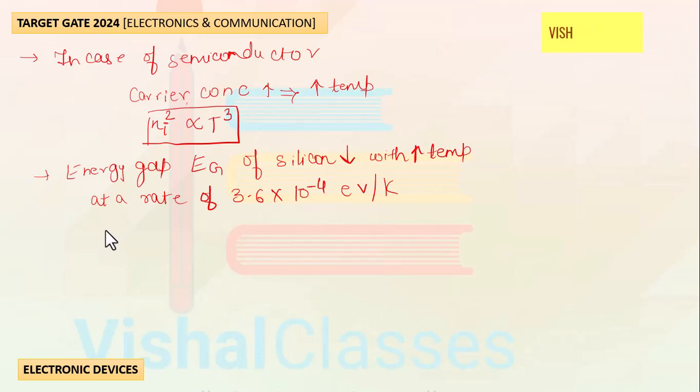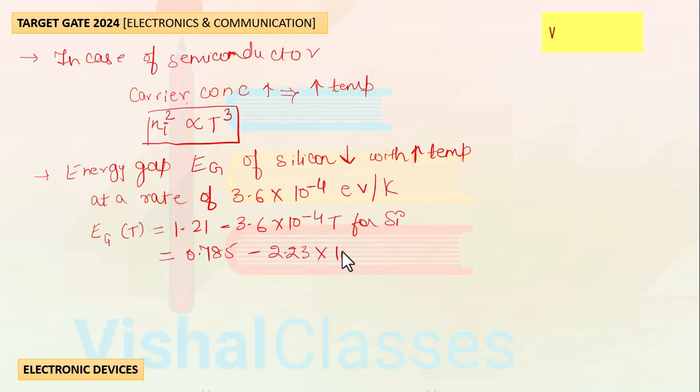As we have seen, Eg at temperature T is 1.21 minus 3.6 into 10 raised to power minus 4 T for silicon and 0.785 minus 2.23 into 10 raised to power minus 4 T for germanium.